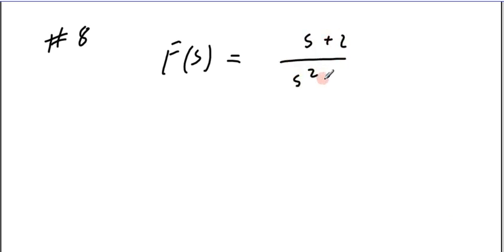Okay, now we're going to go to number 8. F of s is s plus 2 over s squared plus 4s plus 5.